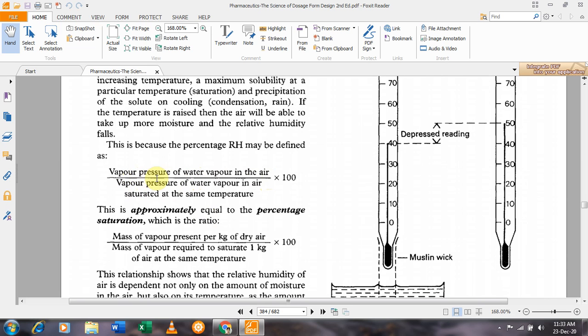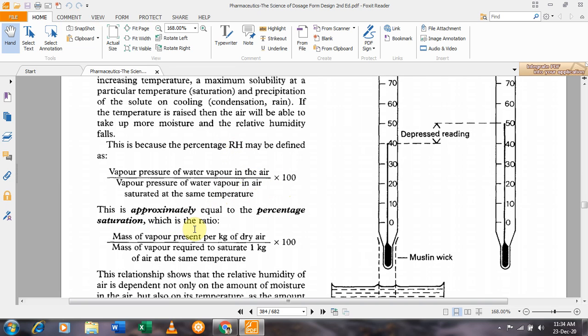We divide the vapor pressure of water vapor in the air by the vapor pressure of water vapor in air saturated at the same temperature, the temperature being kept the same, and multiply by 100 in order to get the percentage relative humidity.